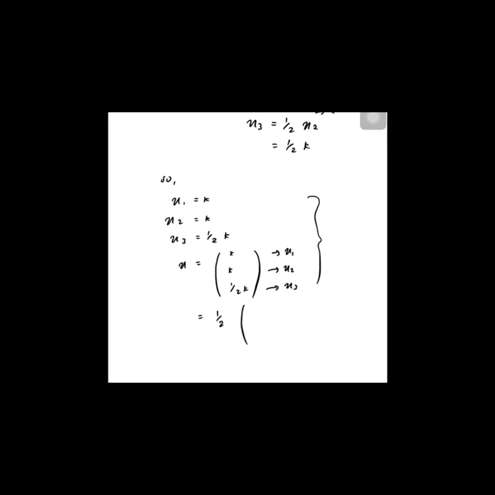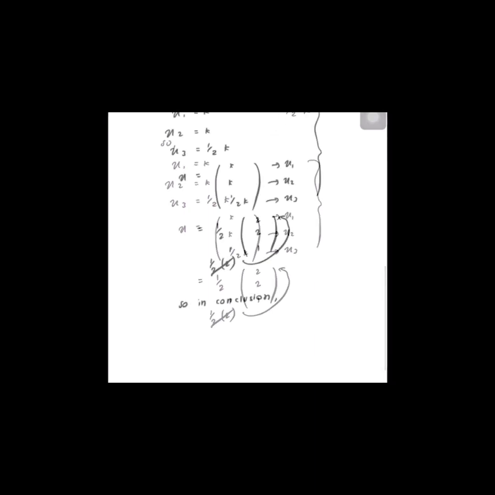It will be like 2, 2, 1, because 1 over 2 is 1. So this is it. So in conclusion, the corresponding eigenvector is 2, 2, and 1.